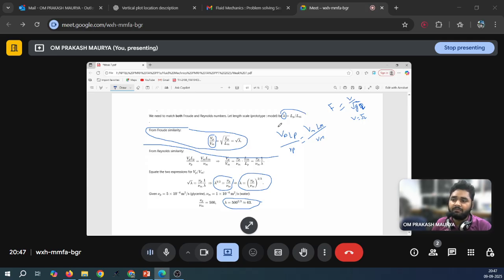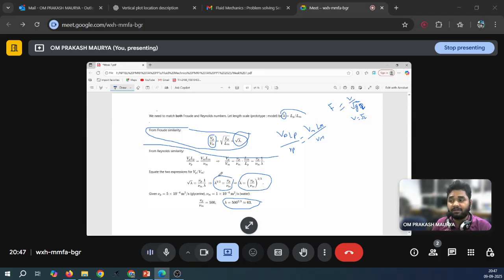So in the Froude number, why are we focusing on velocity? Because in both numbers, the velocity exists. So we can write the velocity term in terms of your length scale. Also in your Reynolds number you can write the velocity in terms of length scale, and the kinematic viscosity is already given.